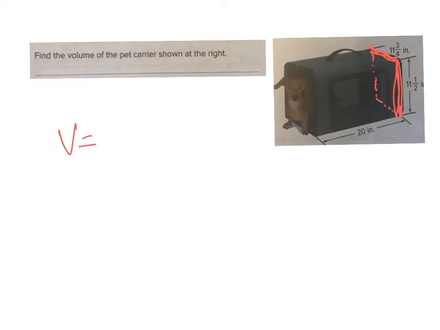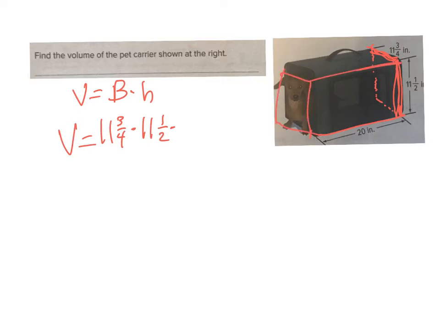So volume equals 11 3/4 times 11 1/2. Volume equals the area of the base times the height. And then the height of this would be from here to the other base, so it's from there to there, which is 20.